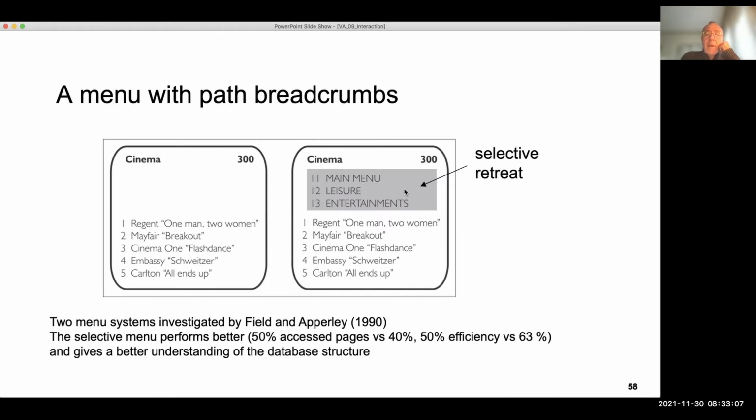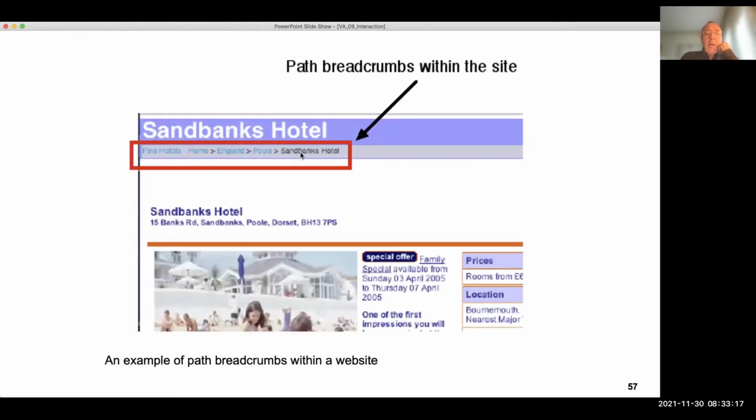You can have also in the menu a selective retreat. You can be back to entertainment, to leisure, to the main menu, exactly as here. You can do that one step at a time or directly to any point of this path.